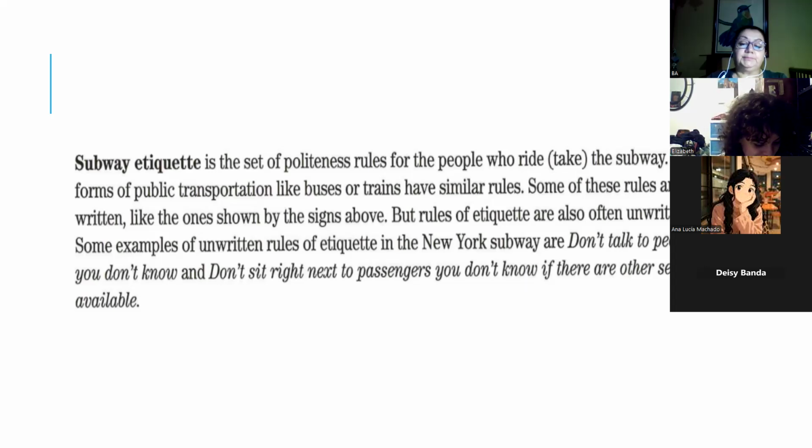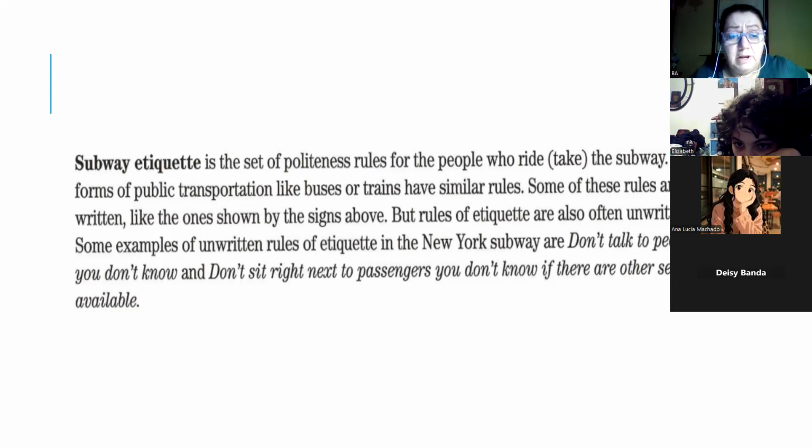Some of these rules are written, like the ones shown by the signs above. But rules of etiquette are also often unwritten. Some examples of unwritten rules of etiquette in the New York subway are don't talk to people you don't know and don't sit right next to passengers you don't know if there are other seats available. Thank you, Ana Lucia.